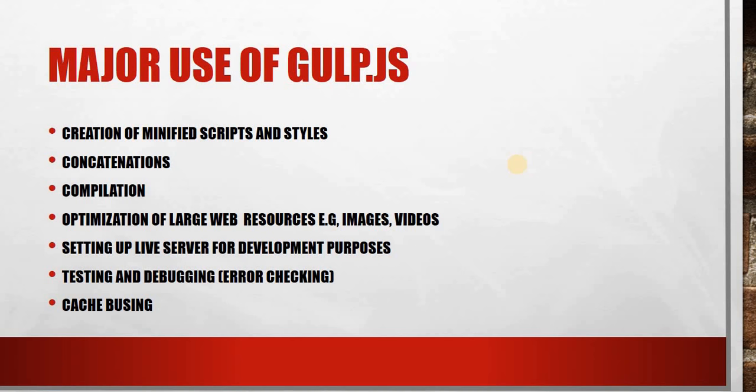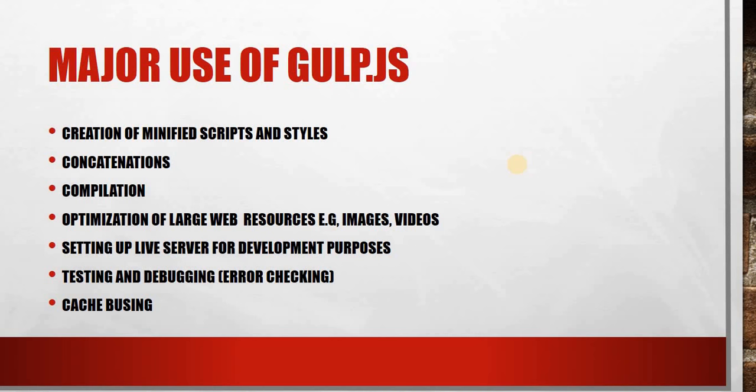That means Gulp.js also helps make your website or web page load faster. Just like the minified version of jQuery, which we have as jQuery.min.js. So if you might be wondering how we can have thousands of lines of jQuery code in a single file, it is made possible with the use of Gulp.